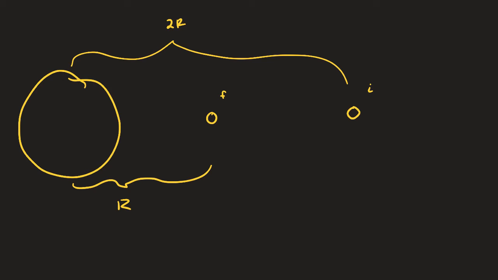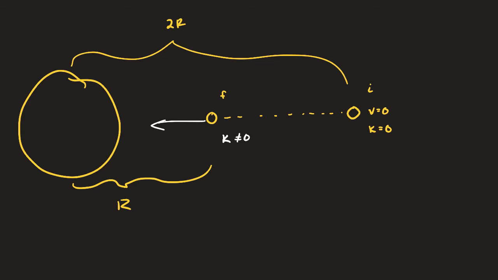If I release this object from rest, which means it has no kinetic energy, then as it traverses this distance, would you all agree it will be moving when it makes it here? That it will be falling towards the Earth or towards the planet. So when it reaches the final location, it will clearly have a non-zero kinetic energy. Everybody follow along with that statement so far?